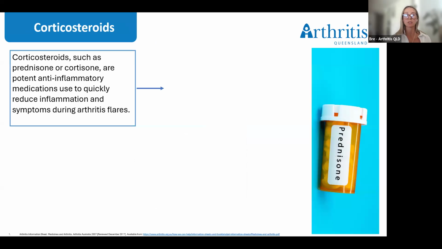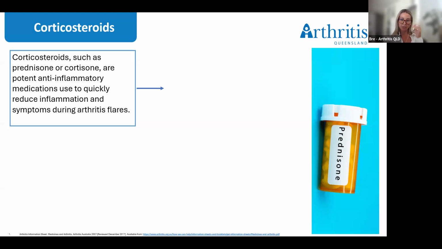The next one that we're going to talk about is corticosteroids. The most common are prednisone or cortisone, and these are potent anti-inflammatory medications. Their use is to quickly reduce inflammation and symptoms during arthritis flares.